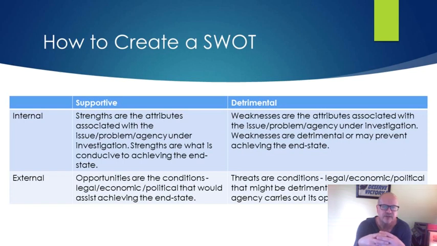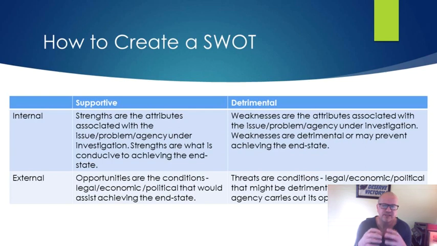The weaknesses are often seen as the agency or whatever the target is that may be preventing it from getting to the desired state. And down there on external opportunities, what may be on the horizon, what possibilities might there be to exploit, to assist in getting to that desired state. And again, threats are what might be likely to inhibit or to stop its ability to carry out an operation or meet its desired state as well.